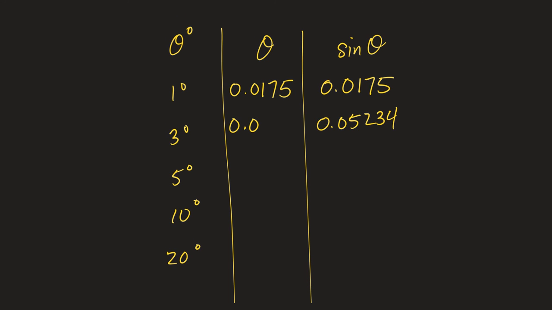Three times 3.14159 divided by 180. I get 0.05236. What's 5 degrees in radians? Zero point what? 0.8726.